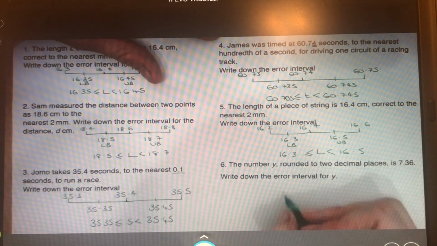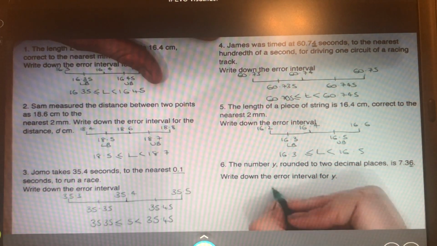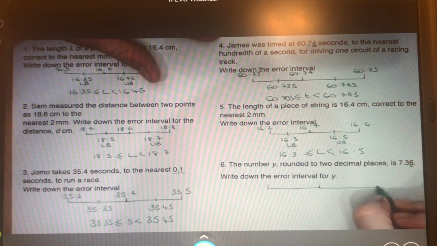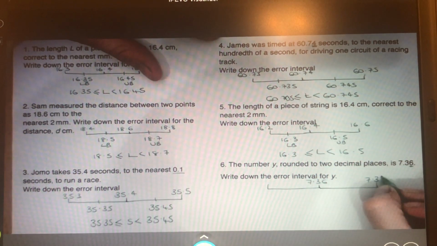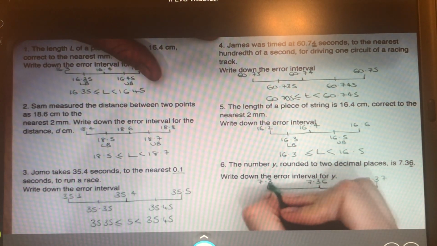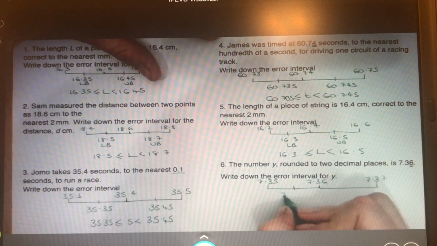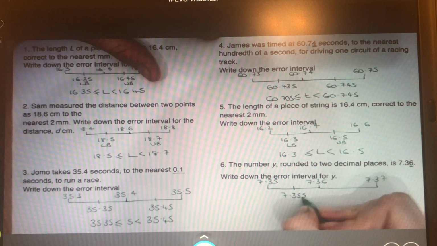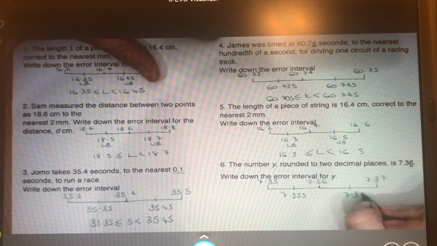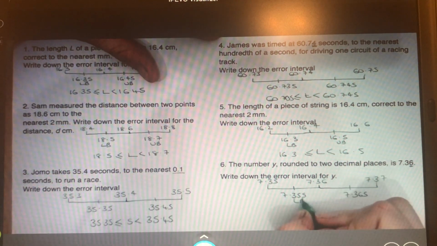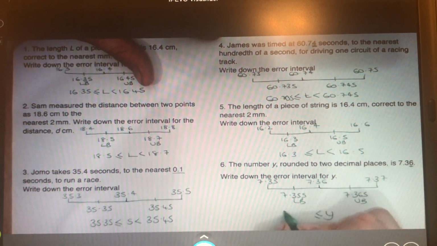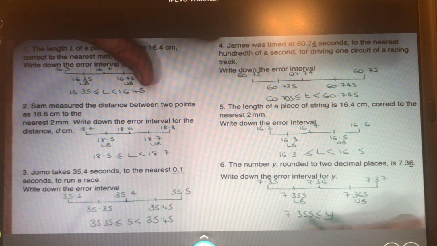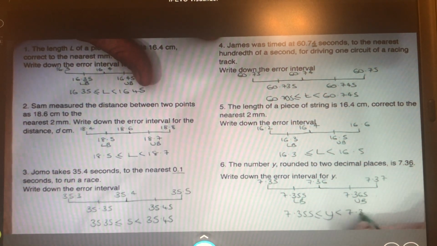And the last one here then, it's been rounded to 2 decimal places. So pop 7.36 in the middle, 7.37, 7.35. Halfway then is 7.355, 7.365. That's your lower bound, that's your upper bound, and my error interval, the lower bound is included and the upper bound is not.